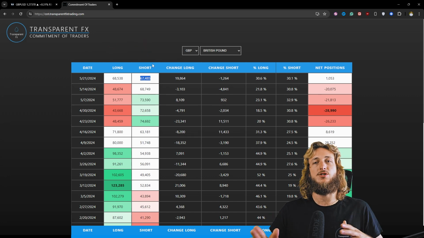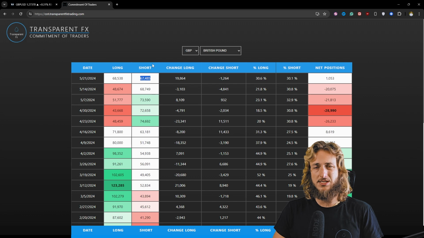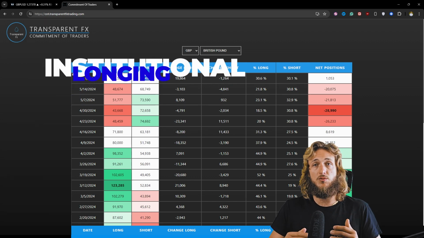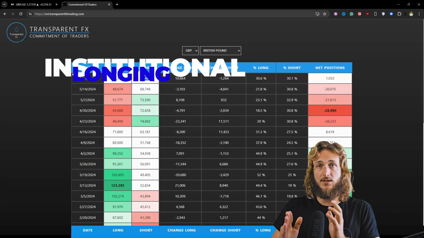So the complete opposite. Now, more longs than shorts. This means that institutions are moving back to the bullish side for GBPUSD, making it stronger.